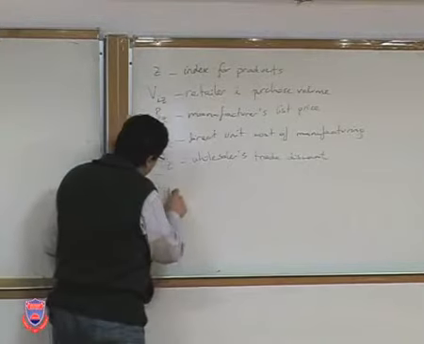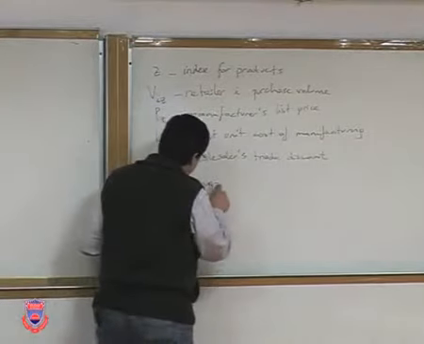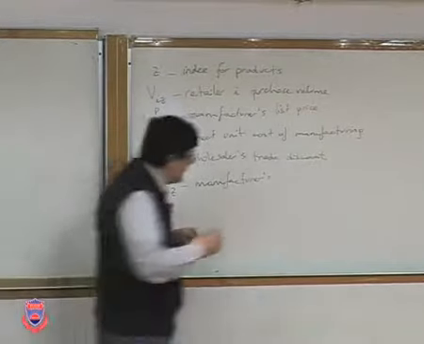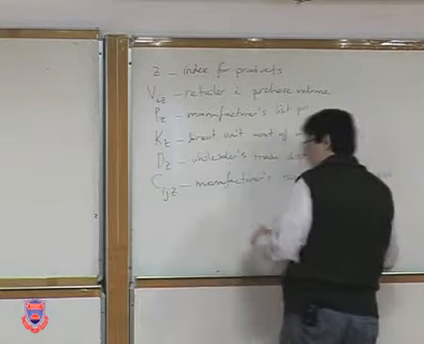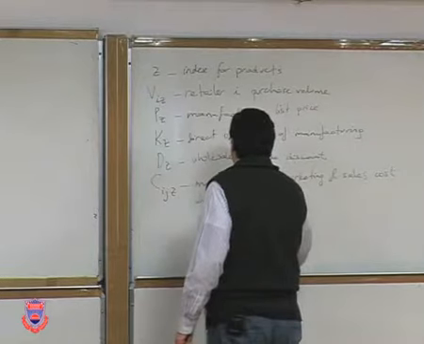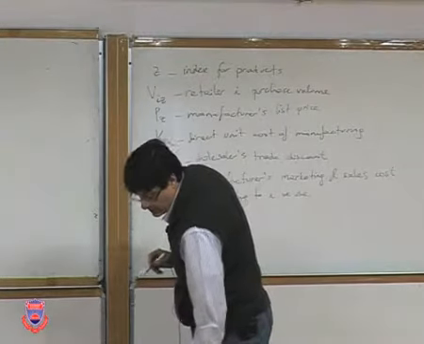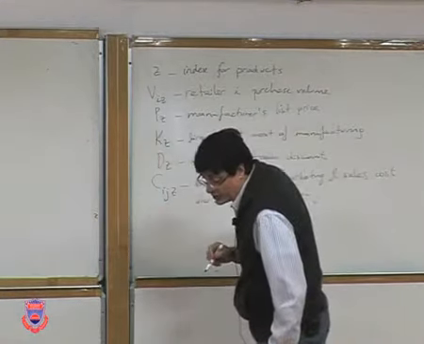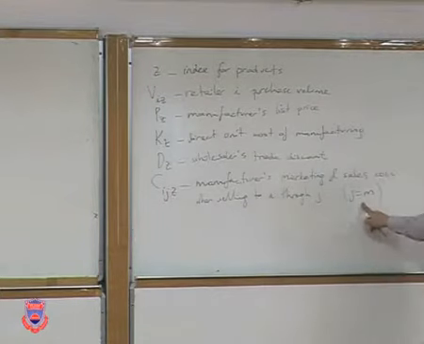Now, C sub I J Z is defined as the manufacturer's marketing and sales cost when selling to I, or selling to I through J. Now, J can be, of course, either M. If J is equal to M, then we're talking about direct shipment.